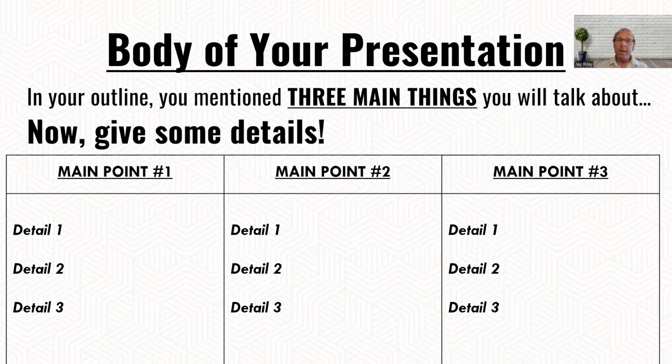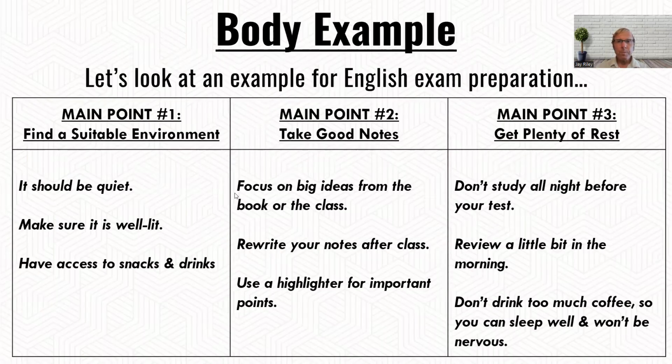We approach each main point in an academic essay with its own body paragraph. We present that main point in the topic sentence, and then we provide supporting details to tell more about that main point. If we look at the body of a presentation, we can see that we've got three main points and we've got supporting details for each point. Very, very similar.